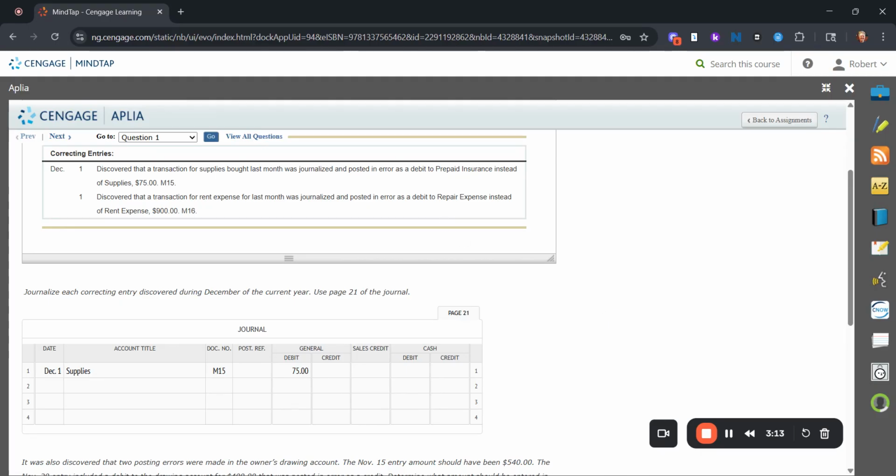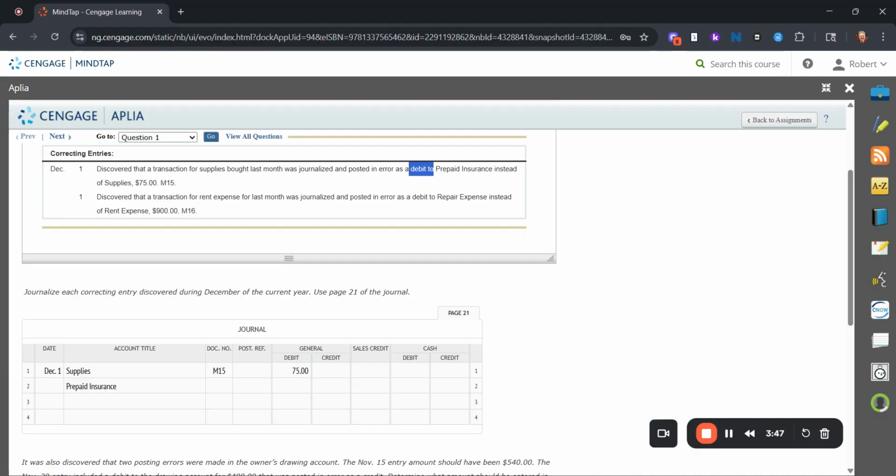Now the second step: since it was posted as a debit to prepaid insurance, we need to reverse that. So we'll put in here prepaid insurance. Originally it was entered as a debit, so it was shown as an increase to the account when there wasn't one.